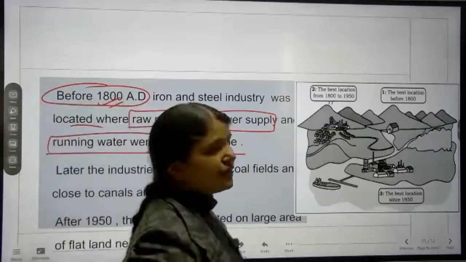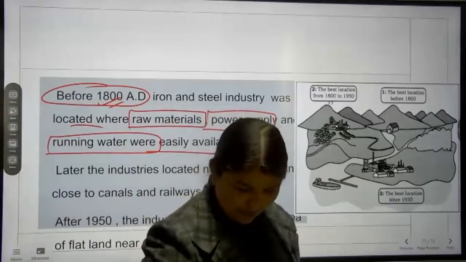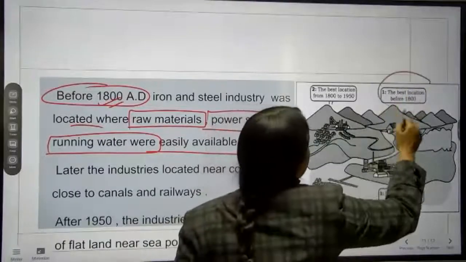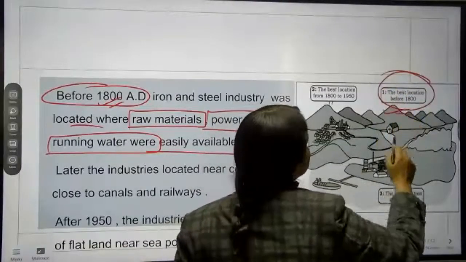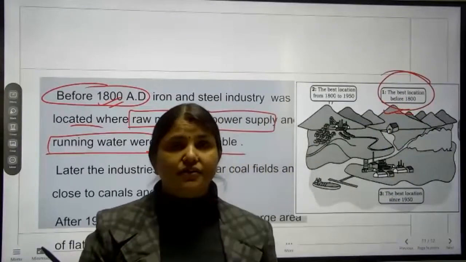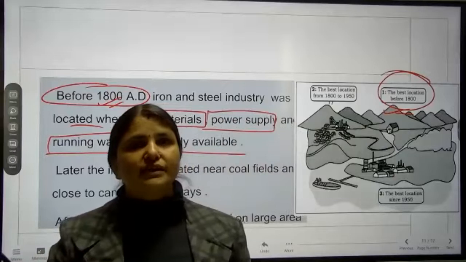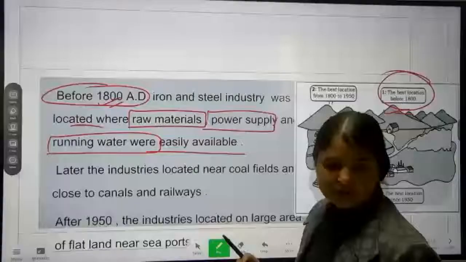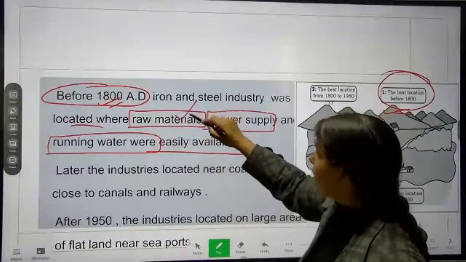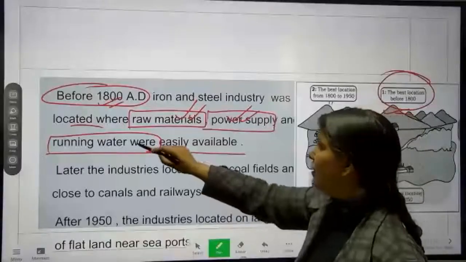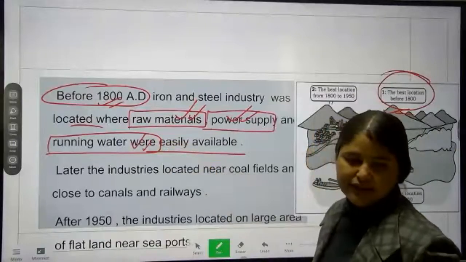Just look here, if you have the book, in that book figure 5.7. In this first number, where they established the industries before the year 1800, the people who were establishing the industries were thinking about where they could establish the industry, where they get the raw material very easily, where power supply will be there, and water they get very easily.